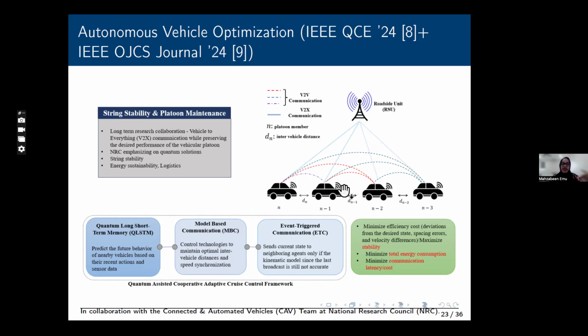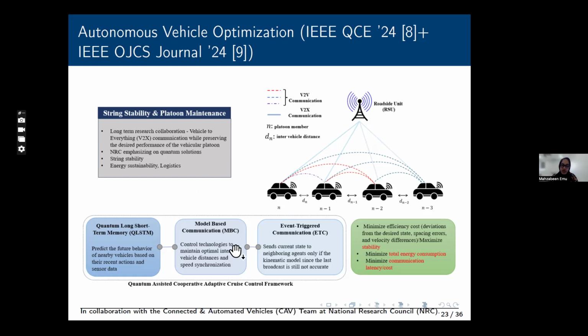And NRC is also emphasizing quantum solutions. What we are trying to achieve here is string stability, so we can make sure the platoon structure and their communication is more efficient. In this project, we have used different kinds of techniques. We have first used quantum long short-term memory, which is able to predict the future behavior of nearby vehicles based on their actions and sensor data.